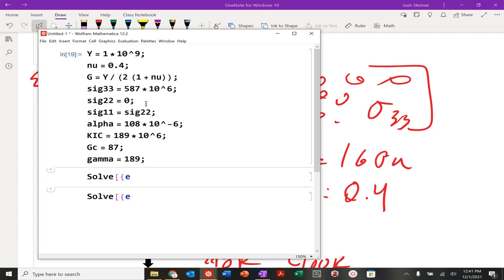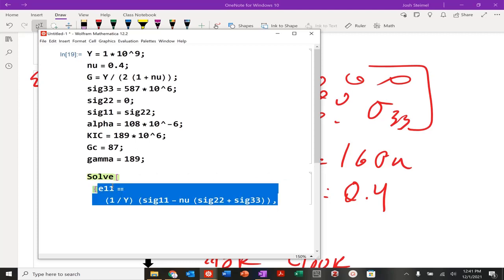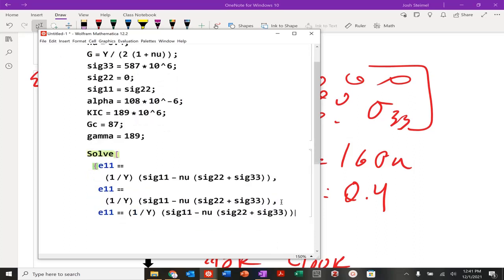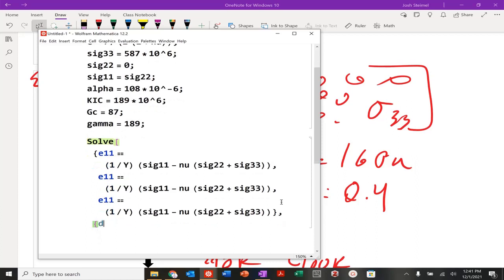Let's hide all the outputs right now. So E11 set equal to 1 divided by Y times sigma 11 minus nu times sigma 22 plus sigma 33. And then we know the procedure from here on out. Copy and paste. Change, here, solving for E11, E22, E33.